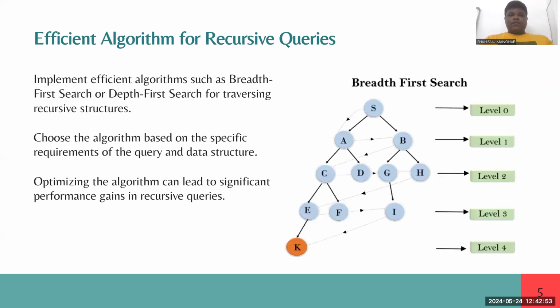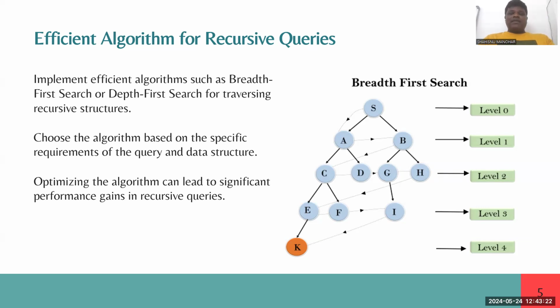Efficient algorithms for recursive queries. To implement recursive queries, there are some efficient algorithms such as BFS, which is breadth first search, and DFS, which is depth first search. These are traversing techniques. To implement efficient algorithms such as breadth first search and depth first search for traversing recursive structures, choose the algorithm based on the specific requirement of the query and data structure.